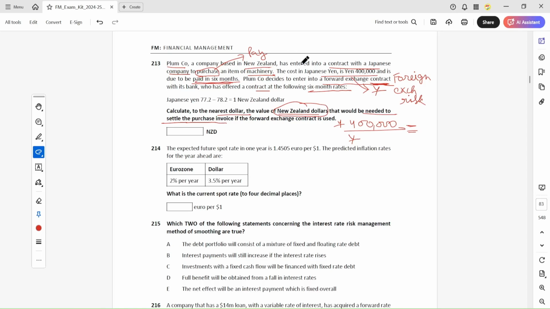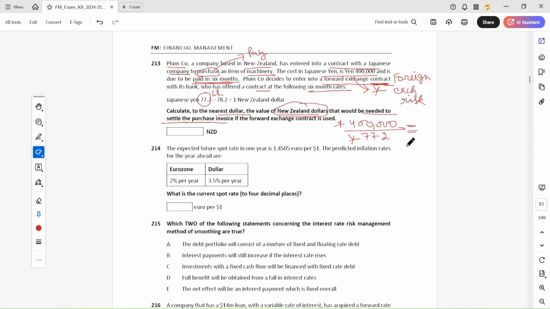The lower rate, because dividing by lower rate we get higher amount.